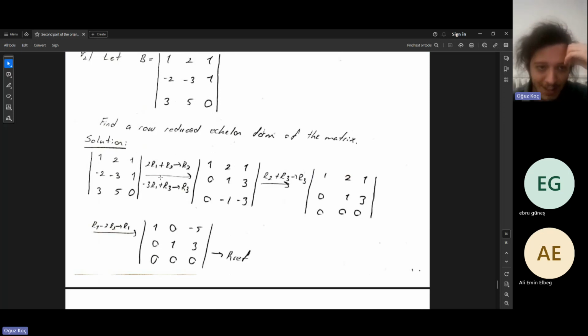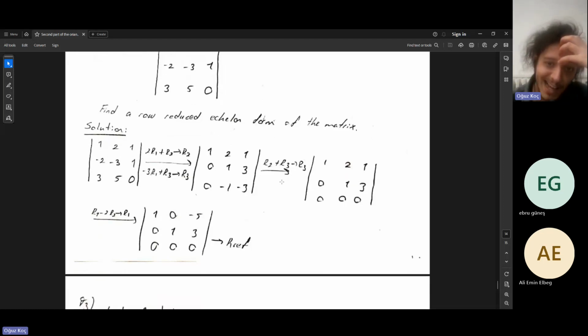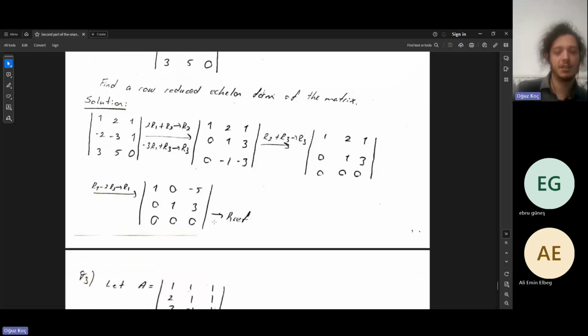In order to do that, we multiply the first row with 2, and then we add it to the second row in order to get a 0, because we want to make the values other than the leading value 0, and then we subtract 3 times the first row from the third row, and we make the value of 3 0, and then we add the second row to the third row in order to make the -1 here 0, and in the final operation, we get the desired result here, the row reduced echelon form of a matrix.